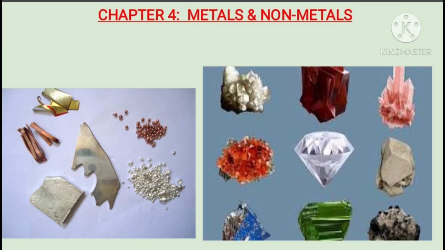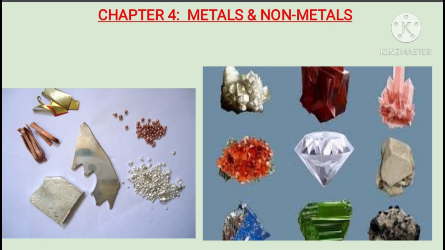Similarly, we studied metals and we say that metals are generally hard except mercury. Very good. Metals are malleable, meaning they can be converted into thin sheets. Metals are ductile, meaning they can be converted into wires.